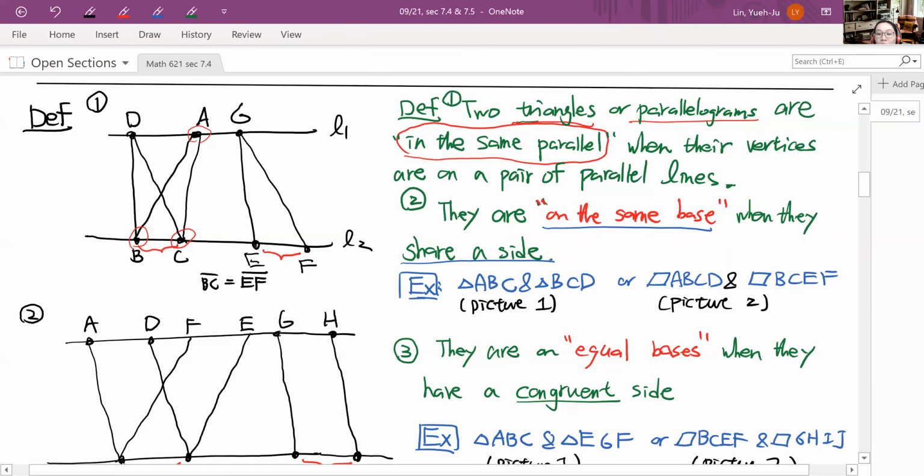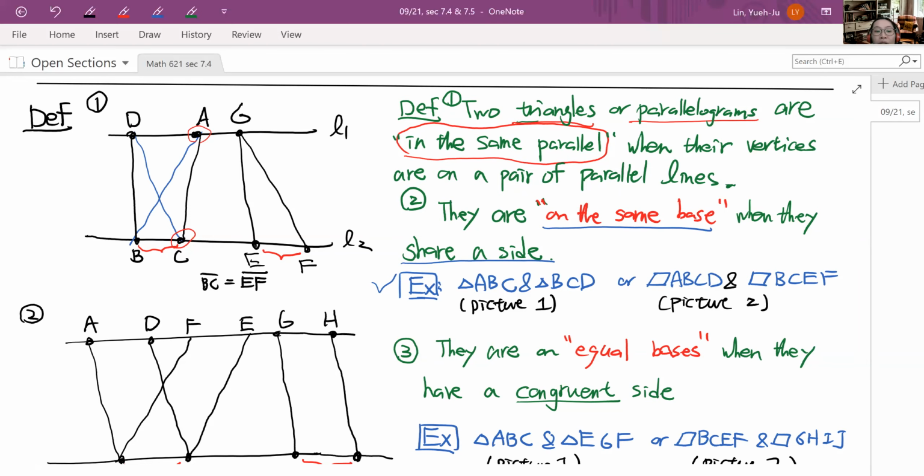I put an example here. If you look at the first picture on the left, triangle ABC and triangle BCD share the side BC, right? That's why we say they're on the same base. When we say on the same base, it means exactly the same: they share the common side.